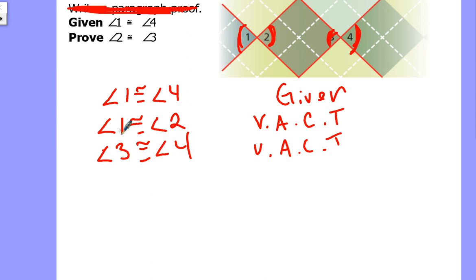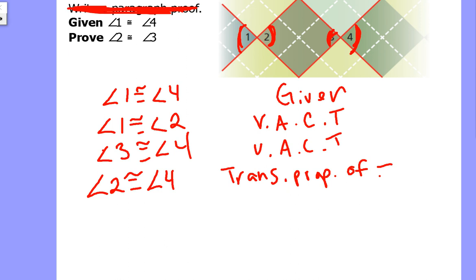Well, if 1 is congruent to 4, and 1 is congruent to 2, that means that 2 is also congruent to 4, and that is our transitive property of congruency.